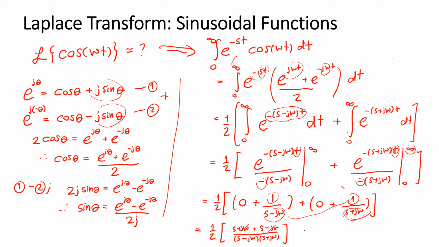Finally, we have 2s divided by 2, which means we have only s, over s square minus j square omega square. For cosine, the Laplace transform of the cosine function, we can see is s divided by s square plus omega square.